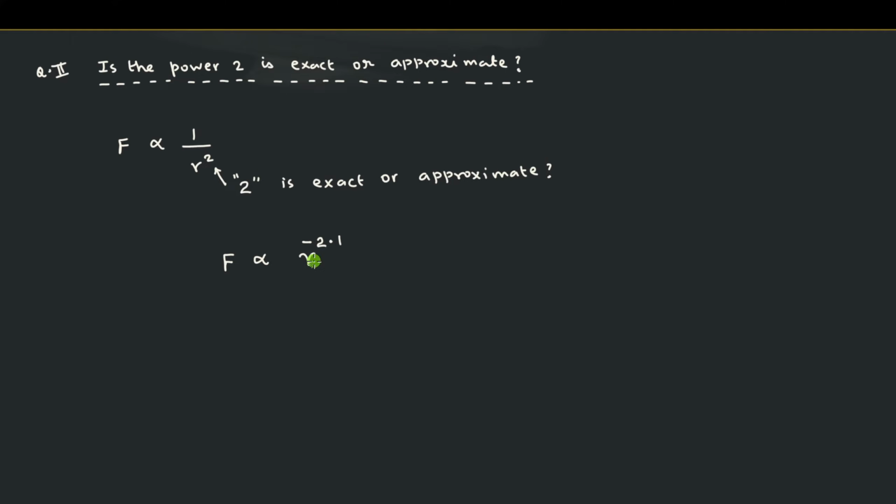Because 1 by r means r to the power minus 1. It can be like that, or it can also be like this: force is inversely proportional to 1 divided by r to the power of 1.9. So this is 1.9 here, and that's 2.1 there, which means we are raising a doubt whether the r square that we traditionally call the inverse square is really exactly 2, or it can be 1.9, or it can be 1.95.